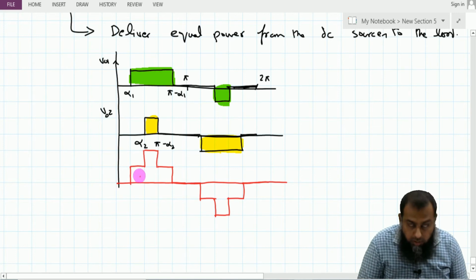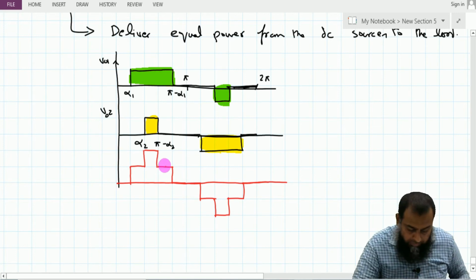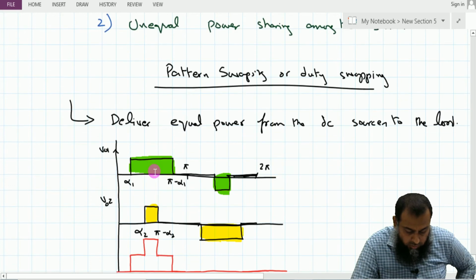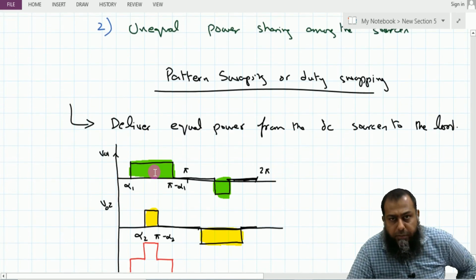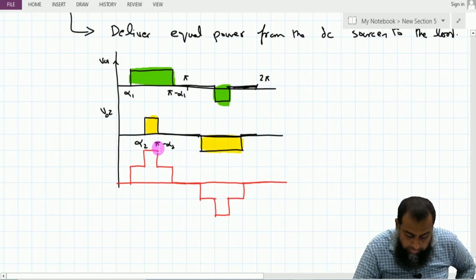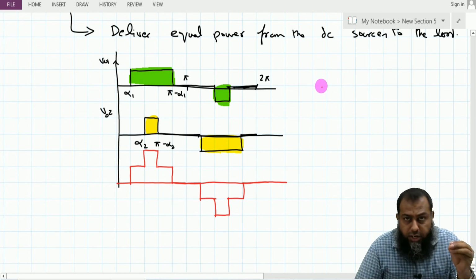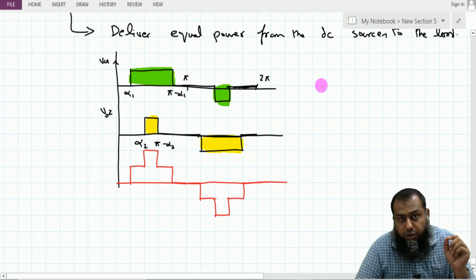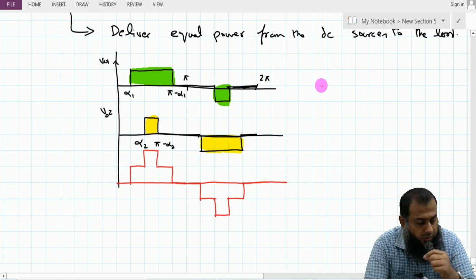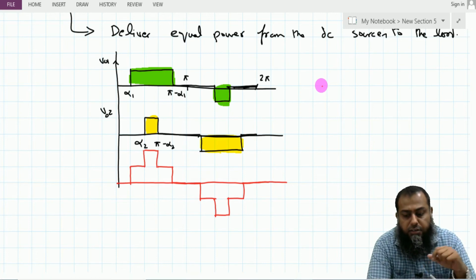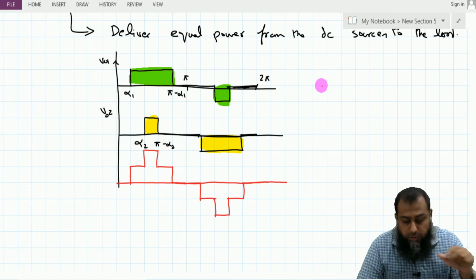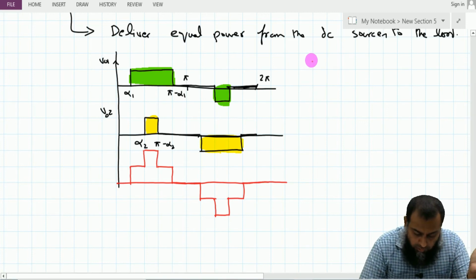So we again have the same voltage levels at the output, but with this scheme, known as the pattern swapping or duty swapping scheme, the voltage sharing or average power sharing is equalized for both of the independent voltage sources. This is an interesting thing. The second important point is that this is for a two-stage inverter.